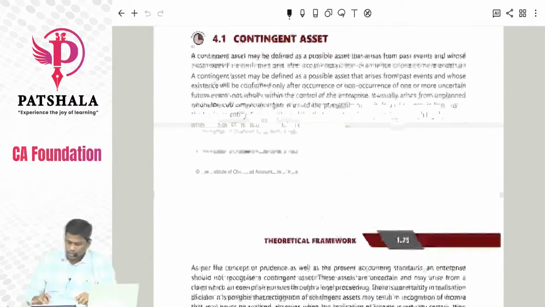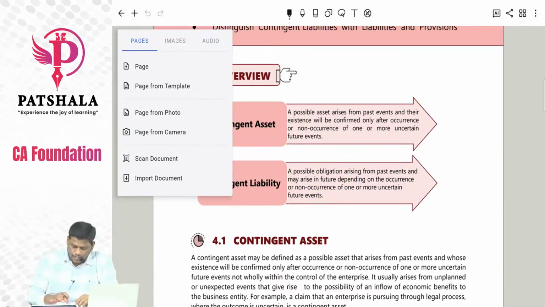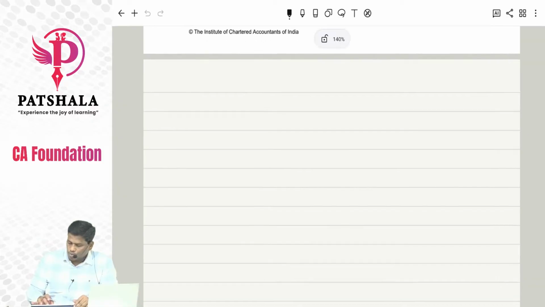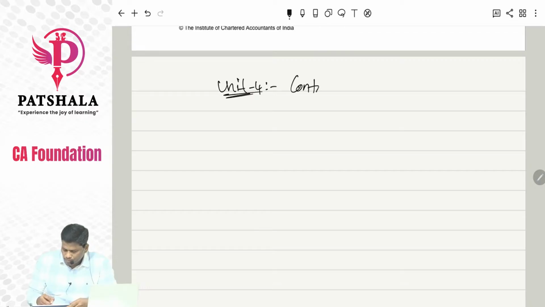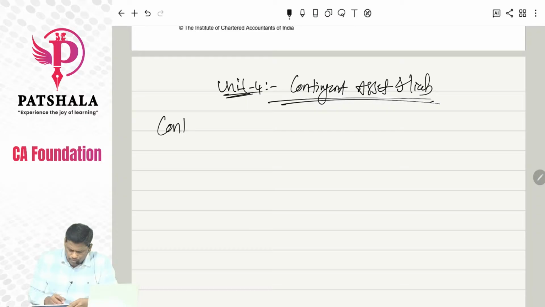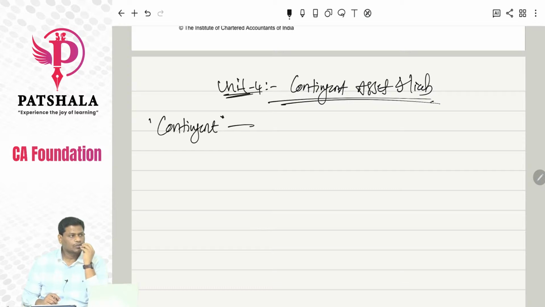Before we go and discuss something, first tell me the meaning of the word contingent. In common language, how do you understand the word contingent?